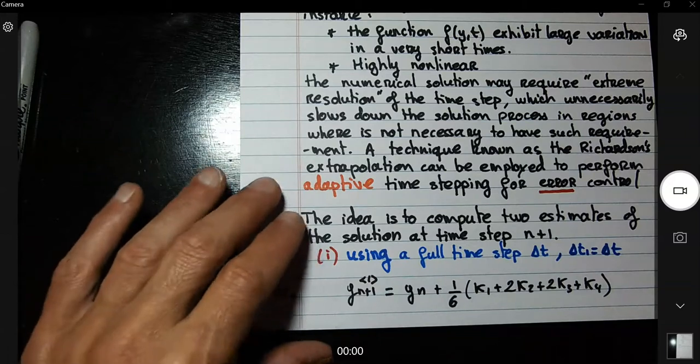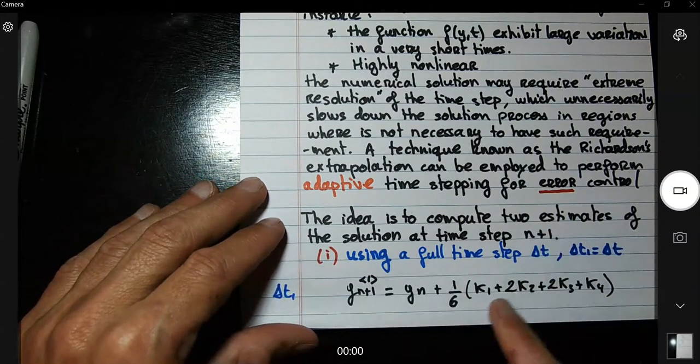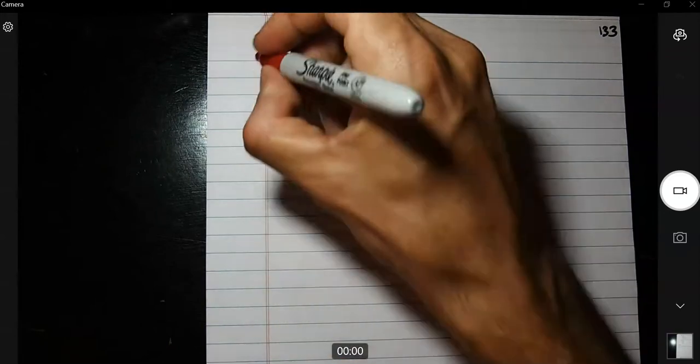All right, now we need to find a second estimate in order to estimate the error. This is case 2, using two half time steps. Now we'll be using a time step that will be half the previous one.